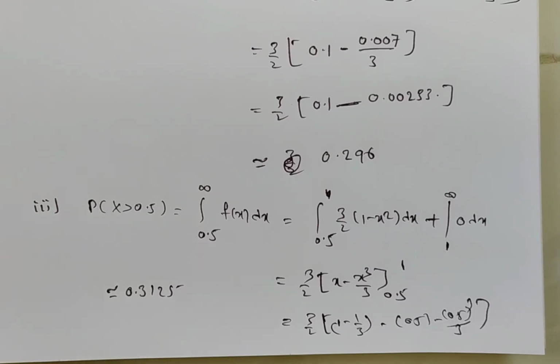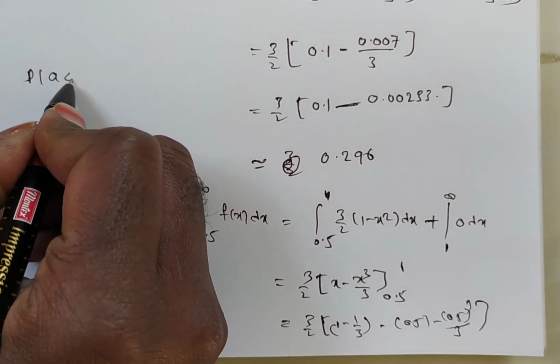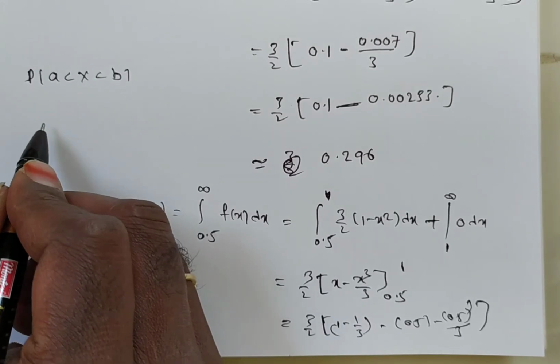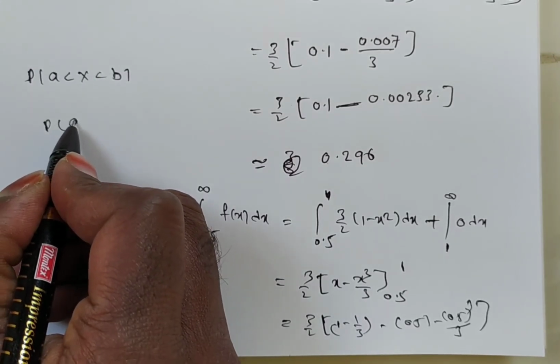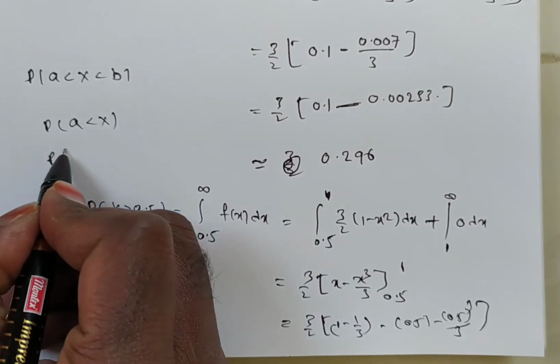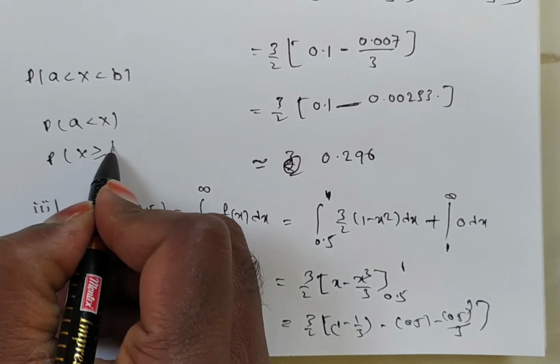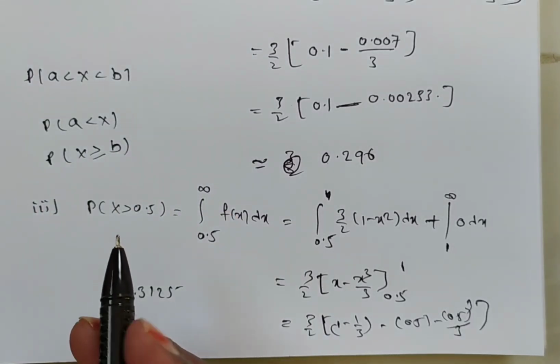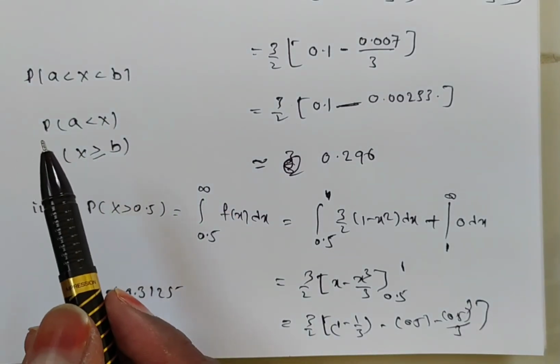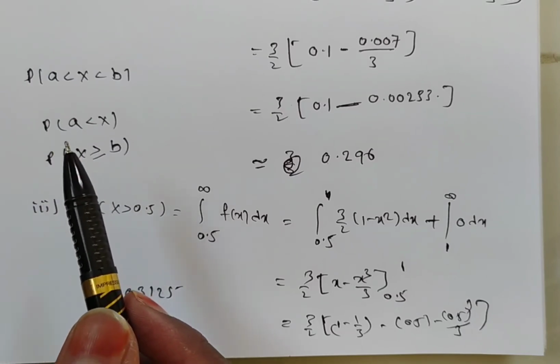If the function is given directly, we can find the probability a less than or equal to x less than b, also probability for a less than x, and probability of x greater than or equal to b. Suppose the function is not defined directly, then we need to find the constant k value.